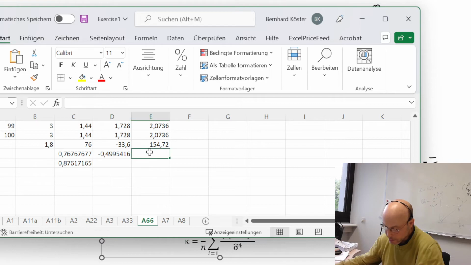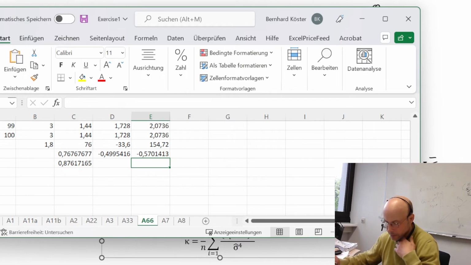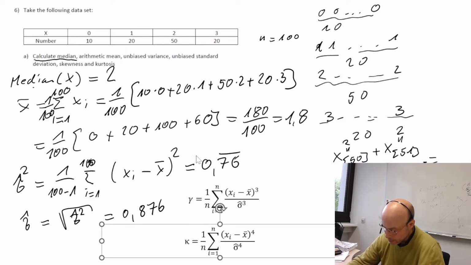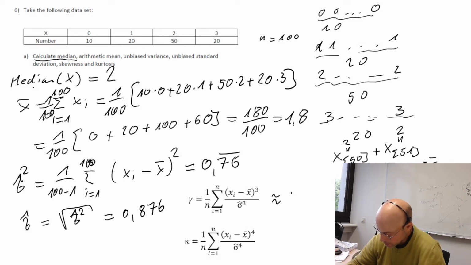And in this case we just have to change the power in our formula, so interchange the 3 with the 4, and we obtain minus 0.57. So this will be then roughly minus 0.5.